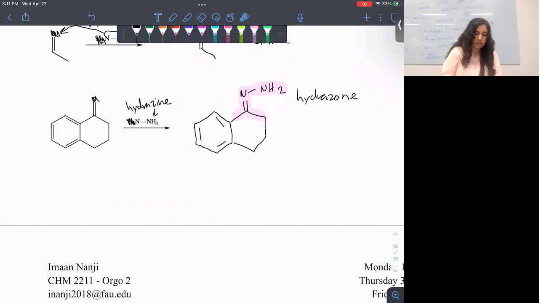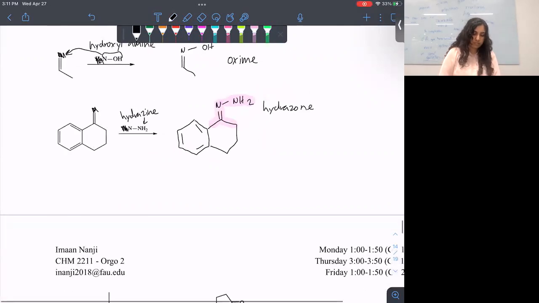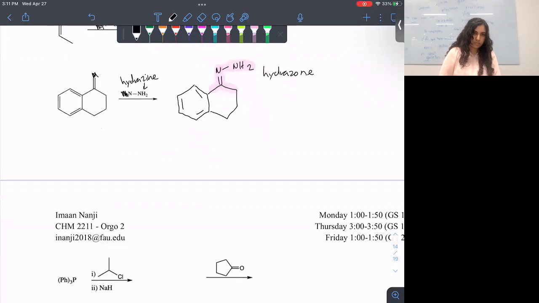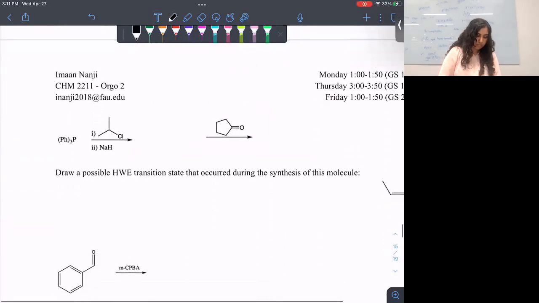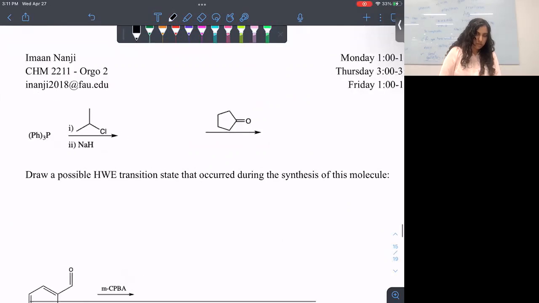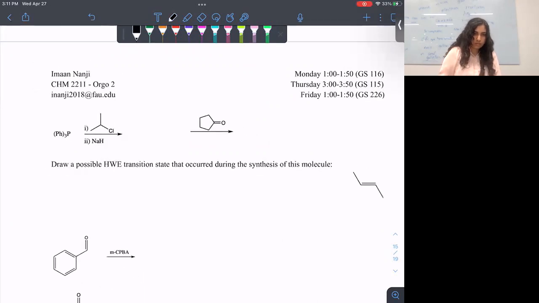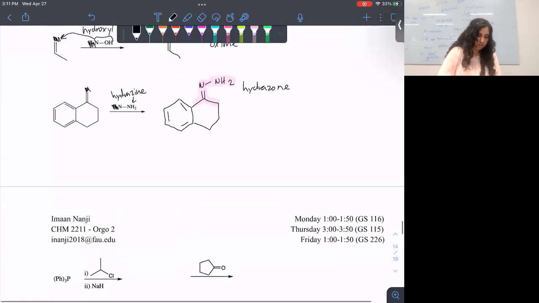So it's gonna do the copying and pasting and turn into a hydrazone. The product would literally be the same thing with just no ketone.